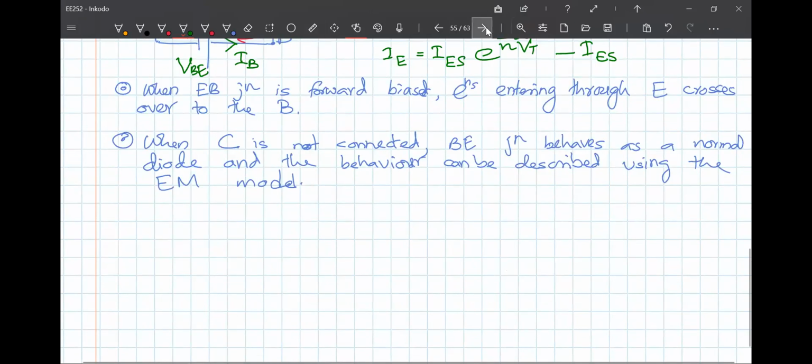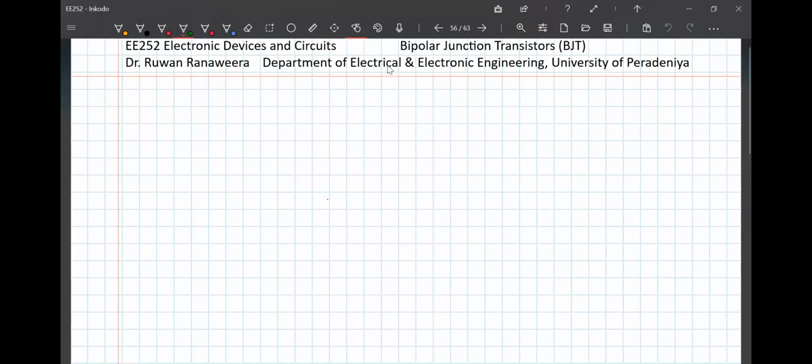However, when the collector is also connected, and if the collector is at a much higher potential than the base and emitter, the base and emitter are as we had earlier.